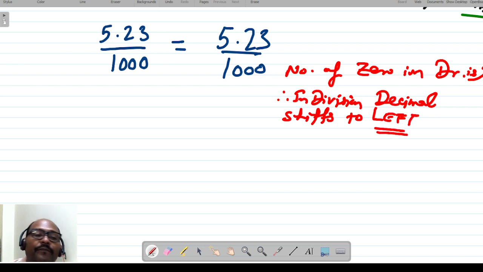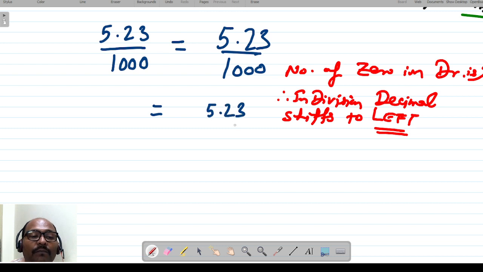So 5.23 divided by 1000, with three zeros, will jump 3 places. Let me take the same color so that it does not confuse you. The number is 5.23.